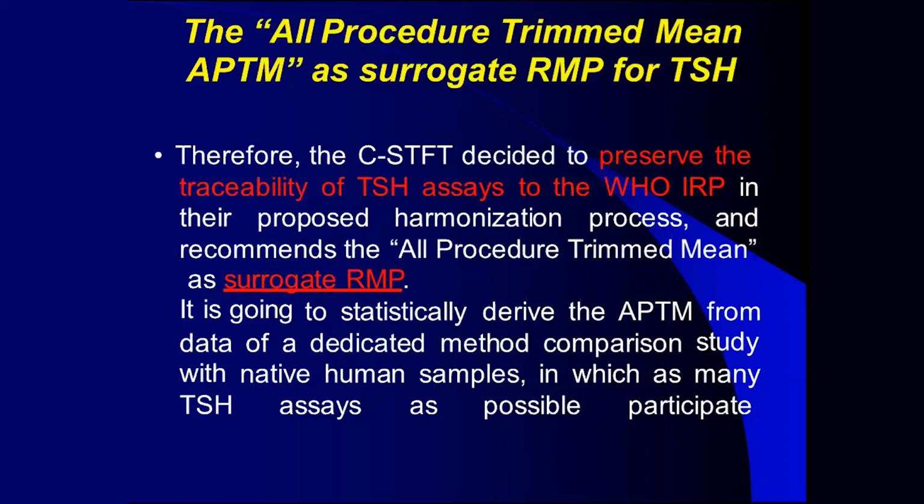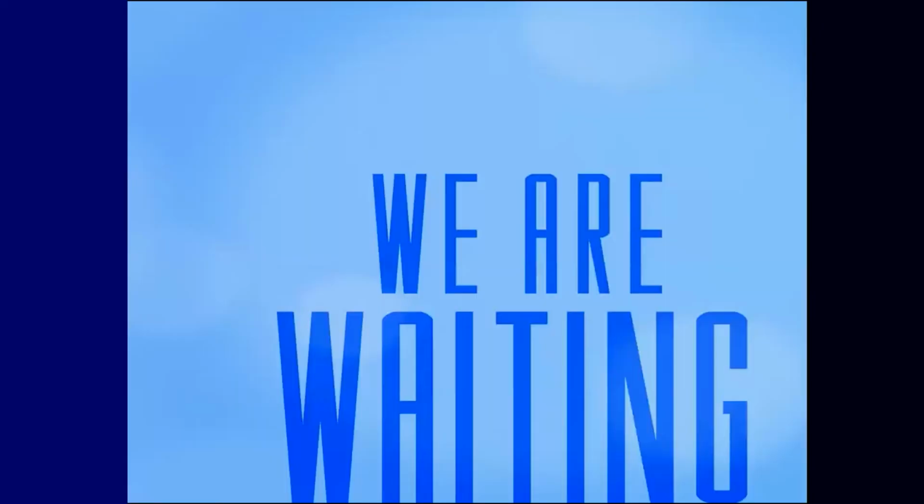Likewise, we are pulling down the TSH assays which have got a mean towards the higher side, again towards central tendency. We have done some in-house correlation studies where the difference between manufacturers at the lower end of the spectrum and the higher end of the spectrum is as high as up to 70%. So this is still work in progress, and until they harmonize this, we will have to continue to live with varying TSH levels across different laboratories and different manufacturers.